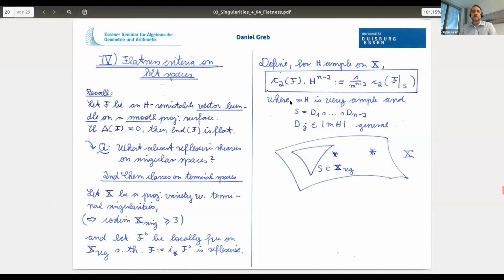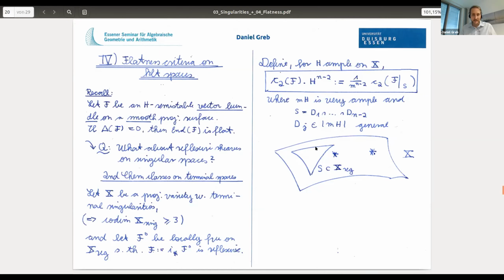Yeah? I go to a multiple mH, which is very ample, so it has a lot of sections. I take n-2 general members of this very ample linear system. I intersect them, and because my singularities are in codimension 3, this will give me a smooth surface inside the regular locus of X.